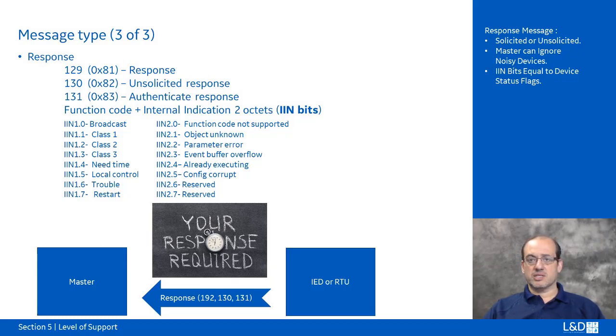It either tells us that there is class 1, 2, 3 data available for scanning, or it tells us that the device has received a broadcast message. And there are some important bits that will tell us that the device is in a trouble state, or the device received an unknown object, which means an unsupported message, or it has a buffer overflow.